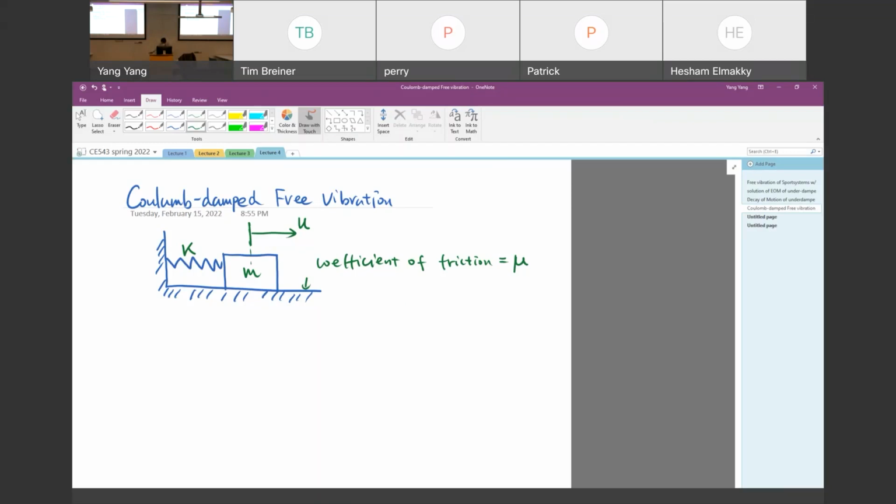So this is different. What is the damping force in this case? The damping force in this case is the friction force, right? Friction.